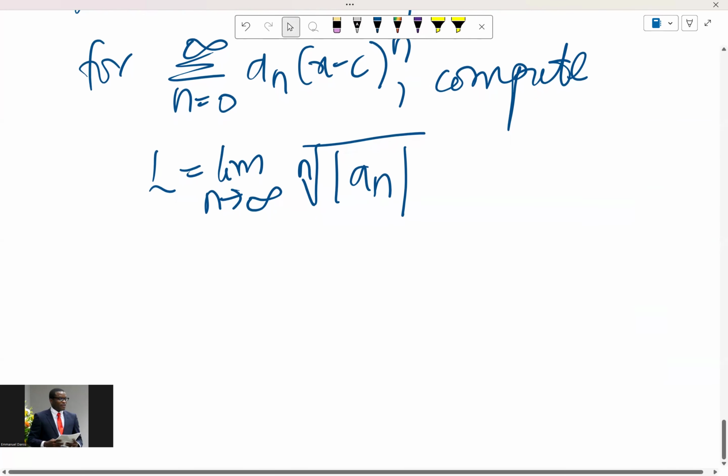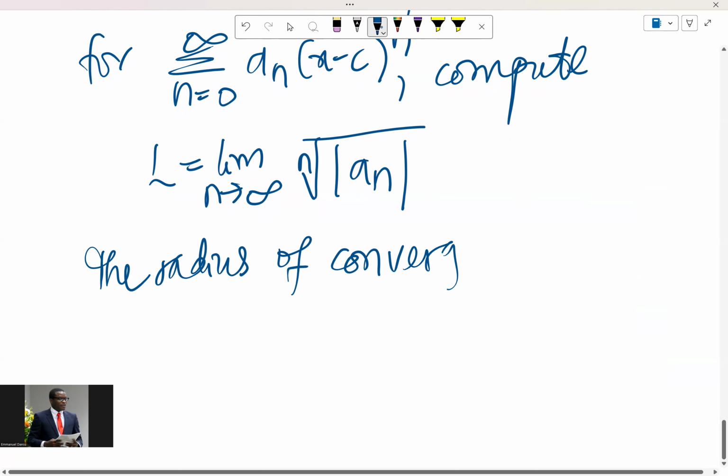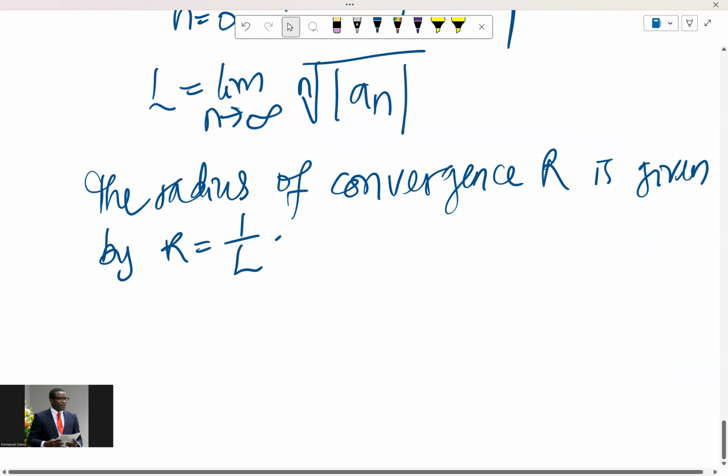So the radius of convergence R is given by R equals 1 over L, as we know.